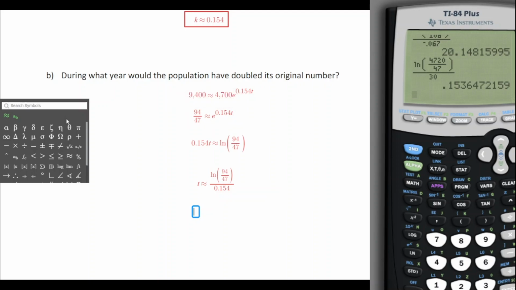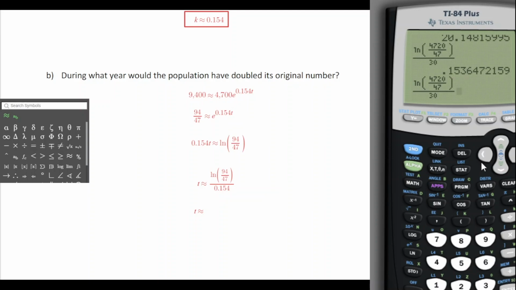So t here will be approximately, let's go ahead and type it in. I'm going to save this number, and just to stay consistent with the problem, I'm going to save it as k. So now I just have to type k instead of this long number.